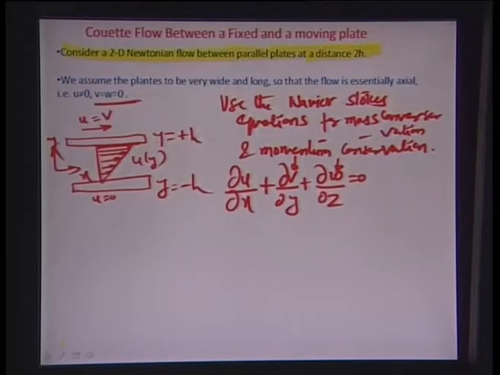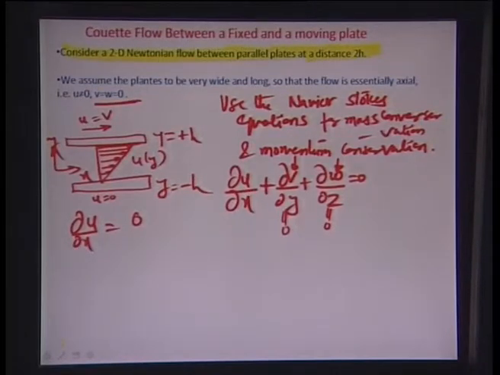There is no velocity along the z direction, which is into this plane, and also none along the y direction. So there is really no circulating flow in the whole of this domain. There is only a unidirectional flow, and u is non-zero and a function of y. Essentially these terms would be 0, and so we are left with du by dx equals 0 in this particular case.